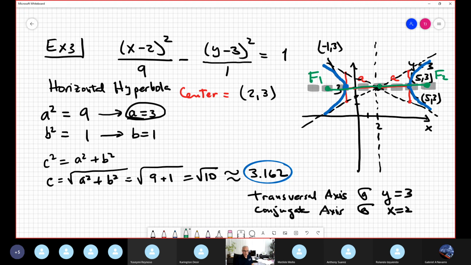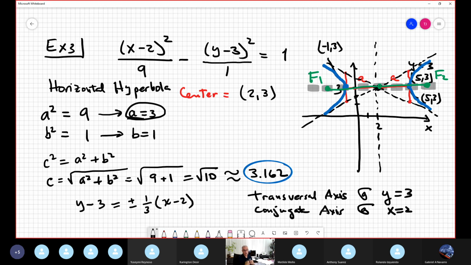And the most important is the equation of the asymptote. Que es y minus k, que k es 3, ¿no? Is equal to plus or minus b over a, b is 1, so 1 over 3, parentheses x minus 2, ¿no?